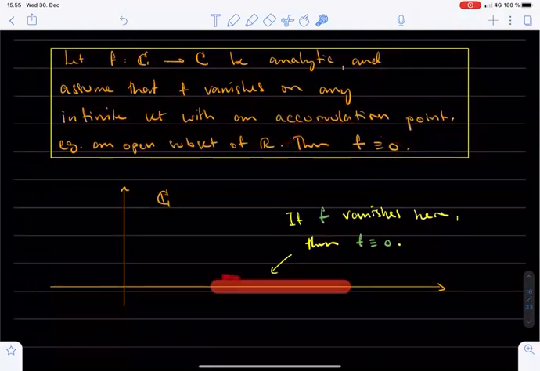The infinite set we are interested in here is simply a segment of positive length on the real line. So, in particular, the theorem states that if an analytic function f vanishes on a segment on the real line, then f is the zero function.